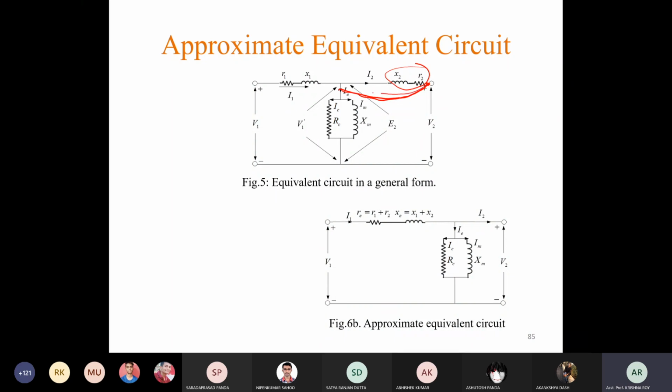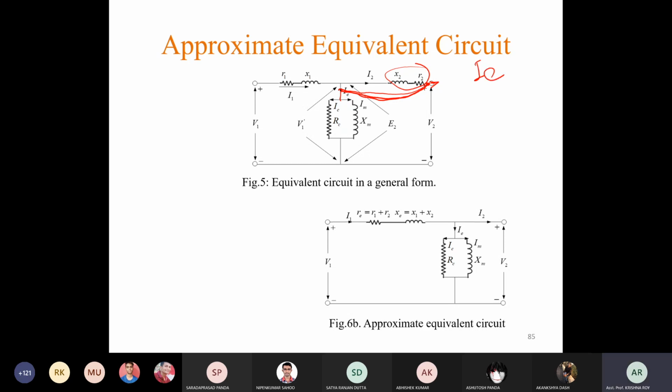One part is IE, flowing through this path, and another part is I1 dash, which is related to I2 and flowing through the load. So here, through this secondary leakage impedance some extra current is flowing. What current is that? IE amount of extra current is flowing.